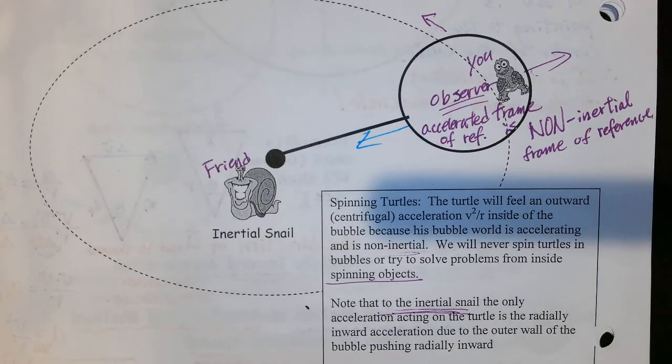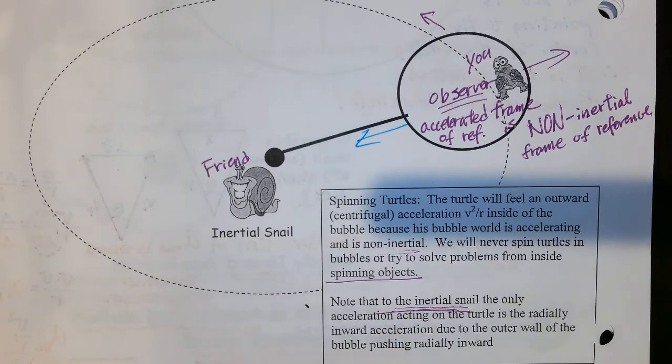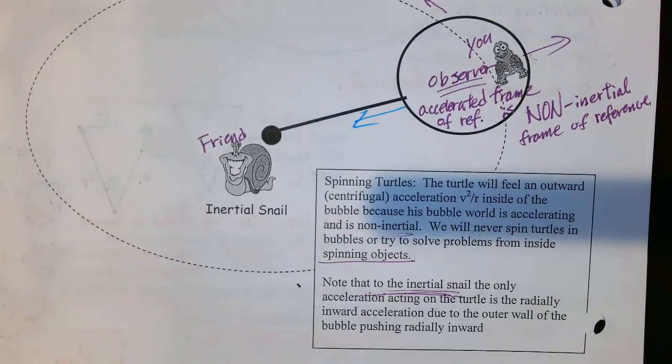Technically, yes. However, if you actually calculate that acceleration, it's so minute that it's negligible. So we can treat all the things happening on the surface of the Earth as an inertial frame of reference. The acceleration is negligible. So we're okay. We're not in a bubble being spun around, even though we are.